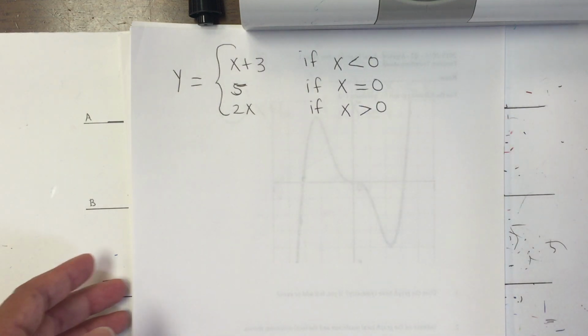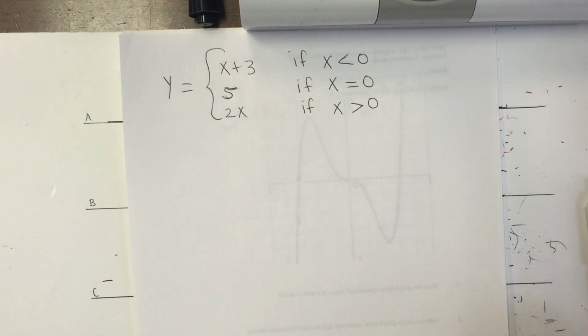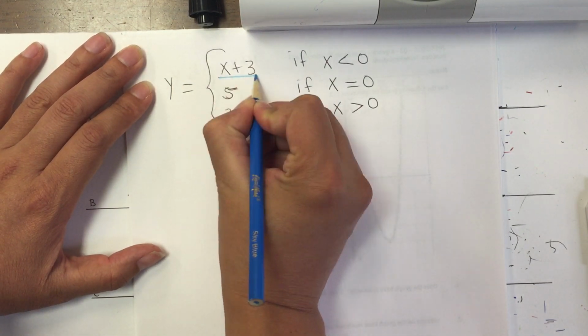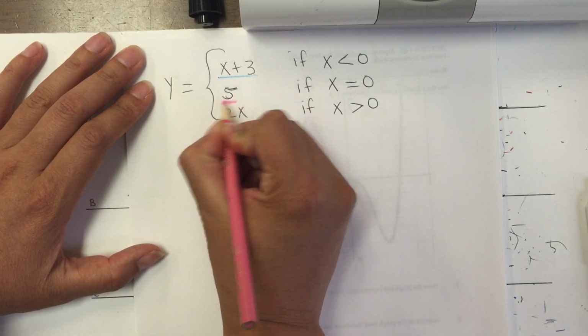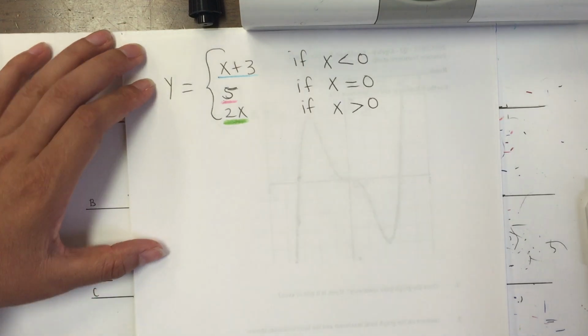So let's look at this one specifically, and I'm going to be color coding these. My first equation is going to be in blue, my second equation is going to be in yellow, and my third equation is going to be in green.